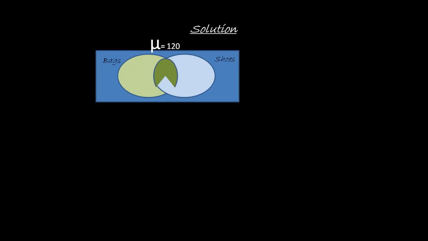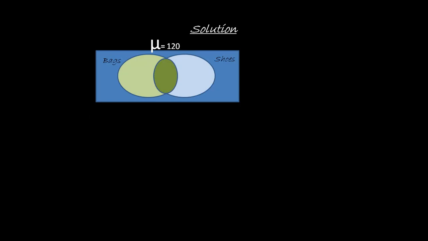Also, we have an intersection, the point of overlap, where the number of customers that bought shoes overlaps with the number of customers that bought bags. This overlap is simply telling us that there is a common ground between the number of customers that bought bags and the number of customers that bought shoes.